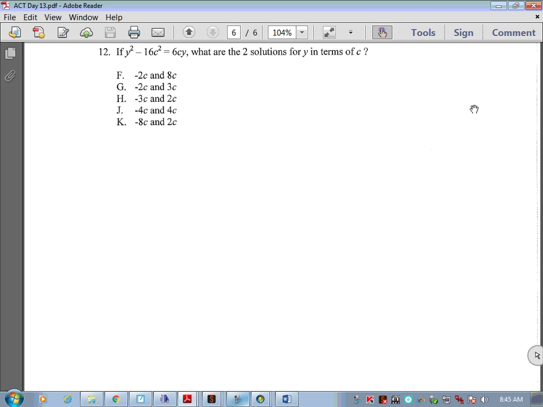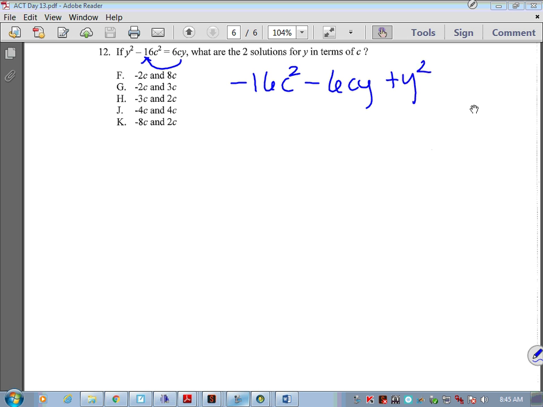I repositioned these so that I'm going to move everything over. Let's just move this guy over here. So I've got negative 16c squared, minus 6cy, plus y squared.